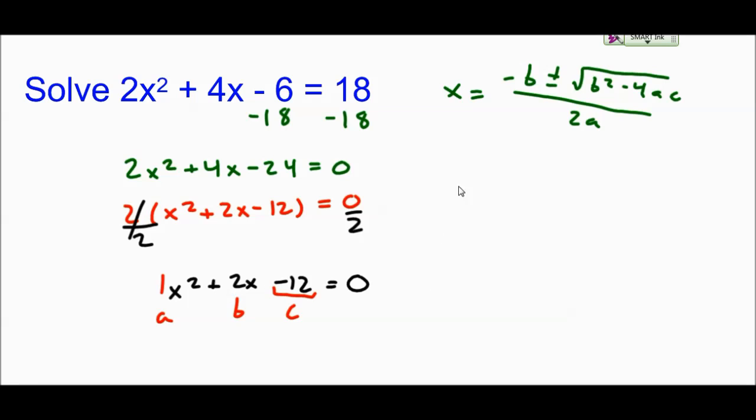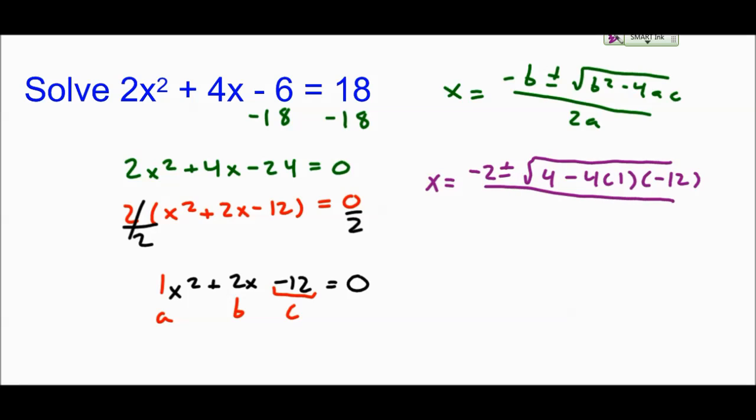So let's plug that in. I'm going to have x equals negative b, so that's negative 2, plus or minus the square root of 2 squared, which is 4, minus 4 times 1 times negative 12, caught it that time, all divided by 2 times 1.